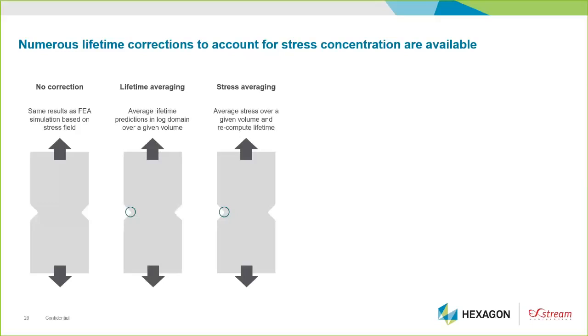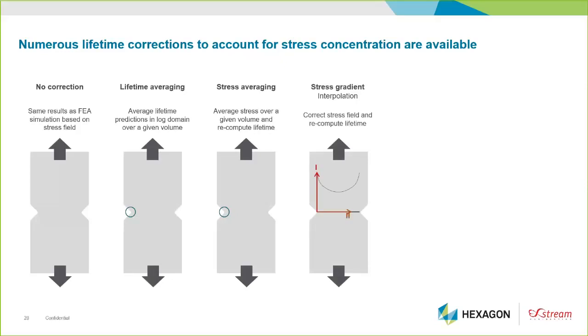And if we go further, we can account for the stress gradient correction, which here at first I will describe the interpolation of the stress gradient. The purpose is to say that at the hotspot you will have a maximum stress amplitude direction, and if you look towards the direction in which the crack will propagate from the hotspot, you will see that you can interpolate a given stress gradient.